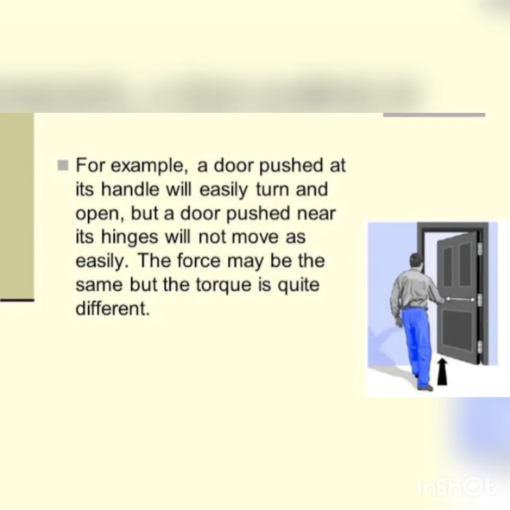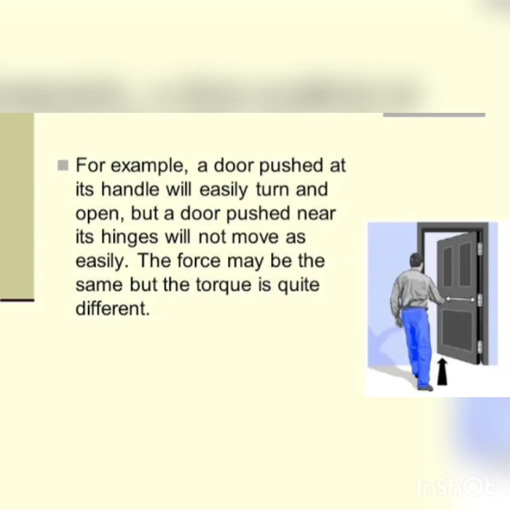Consider an example: opening a door by pushing it. It is easier to open a door by pushing at a point away from the hinge than at a point close to the hinge. The hinge is the pivot. When I am pushing a door with the same force, it is easier to push it away from the hinge, because then the distance between the hinge and the point where the force is applied is more.